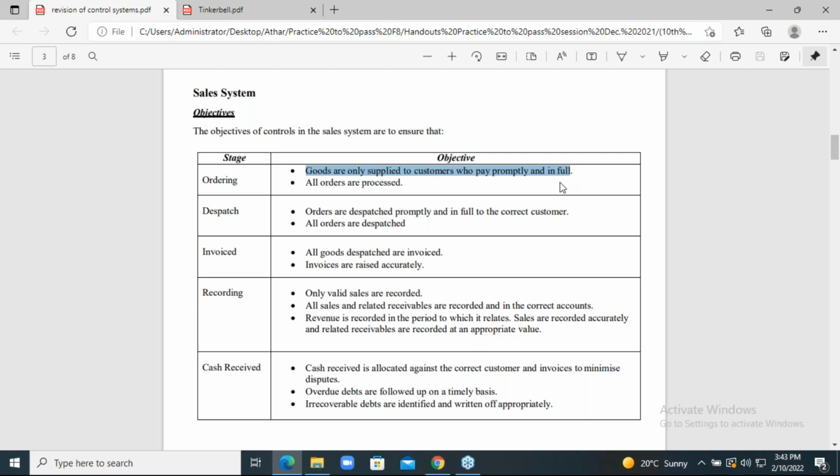So if goods are supplied to customers who don't have money, who can't pay immediately, or who cannot pay within the credit limit that is given to them, what will happen? This inventory that has been sold to these customers, we cannot get the cash against it. So it will be a loss for us. We are not only unable to recover the cost of this inventory and the process that we have undertaken, but we are also not going to get the profit that was our objective.